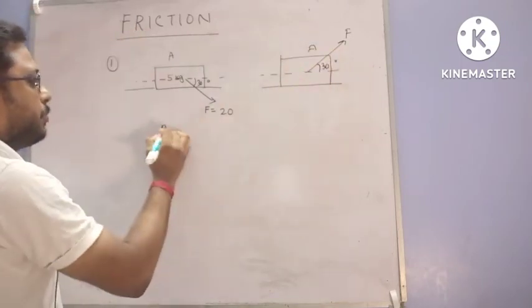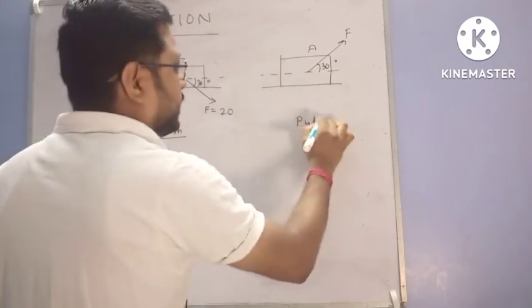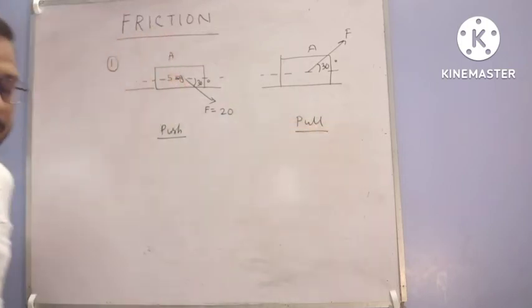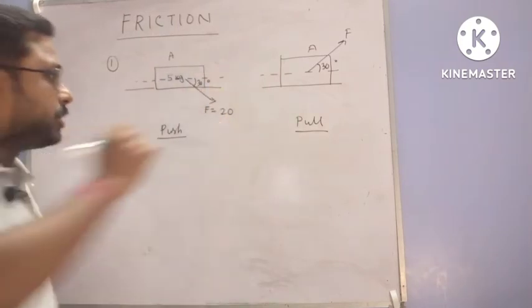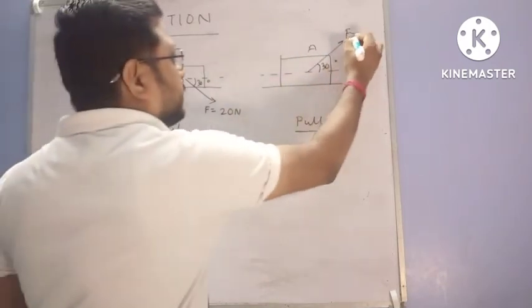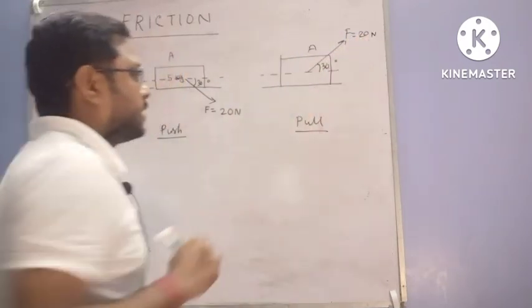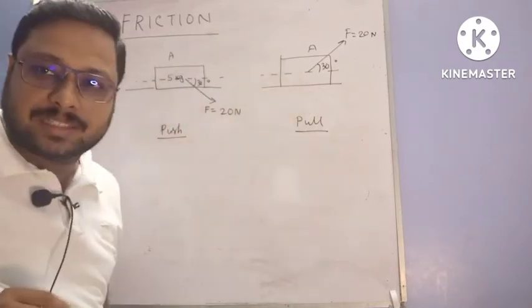Here we push it, or here we pull it, with a force of 20 Newton making an angle of 30 degrees with the horizontal.